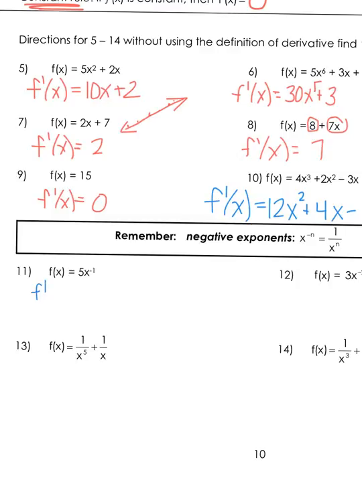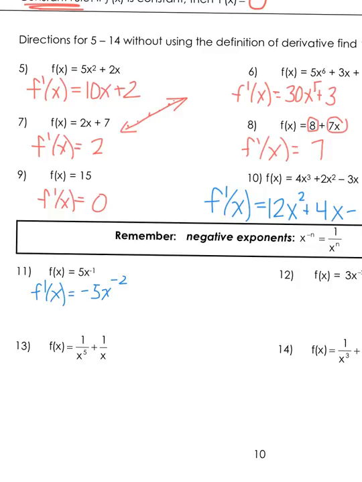So, I'm ready to start writing the derivative. Negative 1 times 5 is negative 5x. And keep in mind, negative 1 minus 1 puts us at negative 2, not 0. We're subtracting 1. Now, I'm always going to want your final answers written without negative exponents.